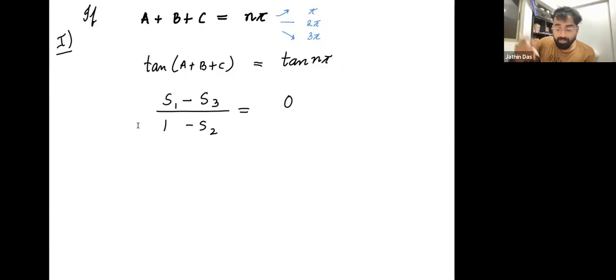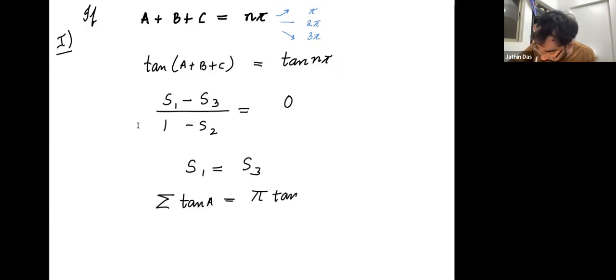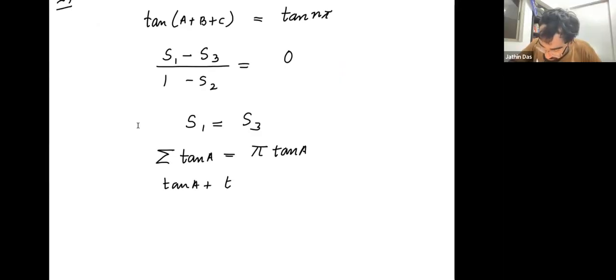So this can be 0 because the numerator is 0. So S1 minus S3 is equal to 0, so S1 equals S3. So what is S1? It is the sum of tans. And S3 is the product of tans. So you can write it like this: tan A plus tan B plus tan C is equal to tan A tan B tan C. Very important identity.